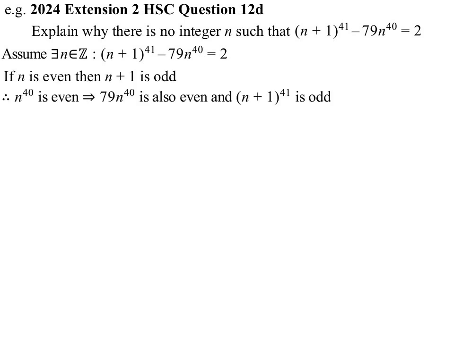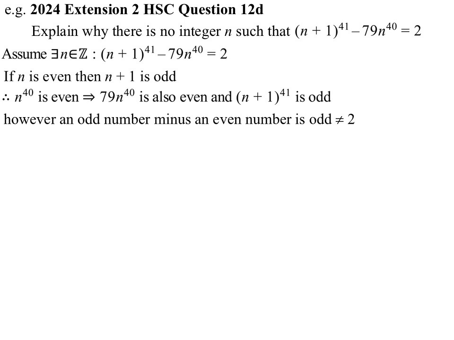Now, let's look at what happens if n is even. Then it's fair enough to say n plus 1 is odd, because we know we go odd, even, odd, even. n to the power of 40 would be even, because n is even. But that also means that 79n to the power of 40 is even. n plus 1 is odd, so (n plus 1) to the power of 41 is odd.